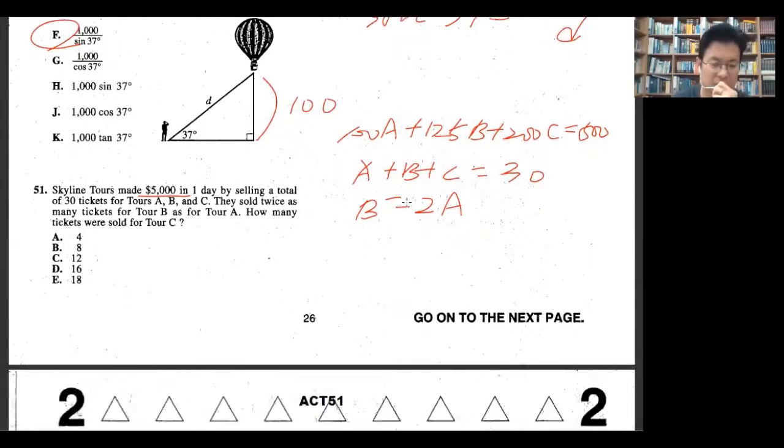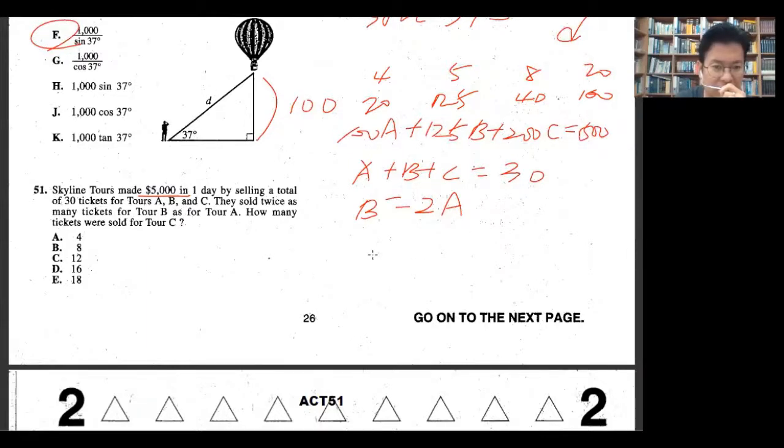A lot of work to do here. You plug in, let's just divide this first. So divide by 5: 20, 25, 40, 100. Another divide by 5: 4, 5, 8, 20.